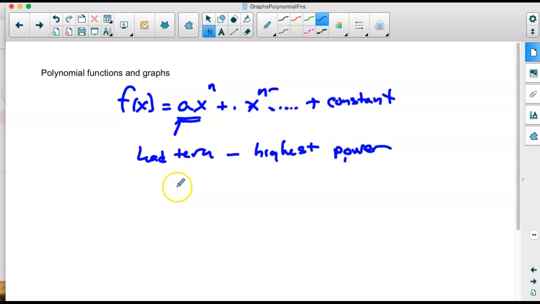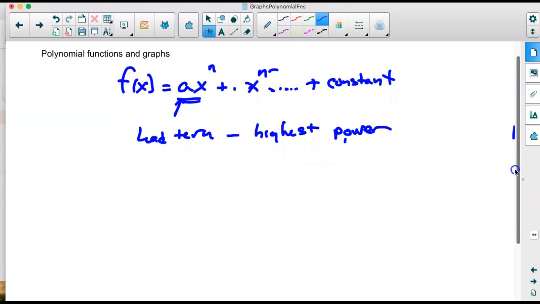The lead term, which is the highest power, is going to affect the graph by whether it has an even or odd power. Even powered functions look one way and odd powered functions look another.